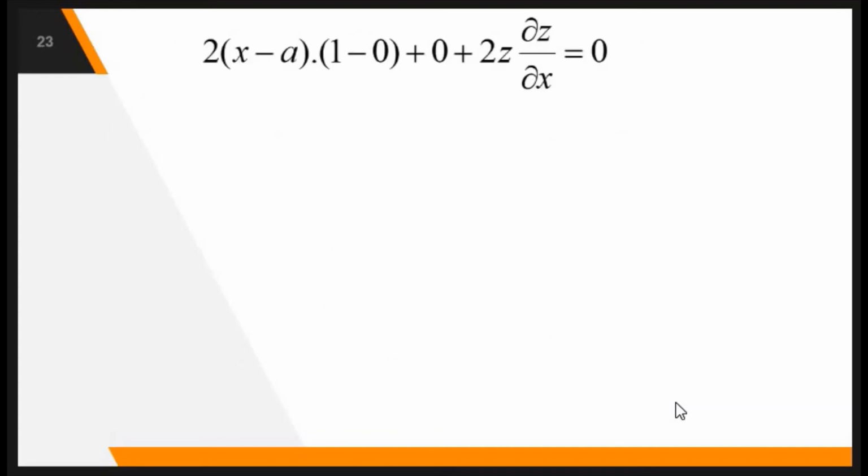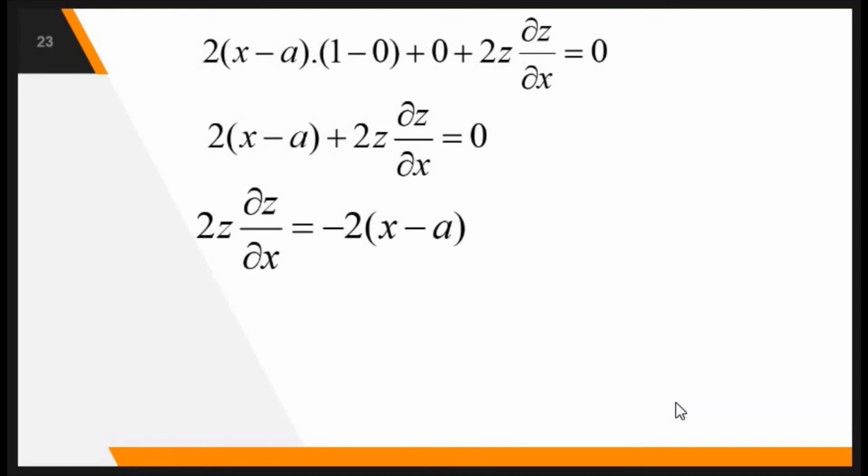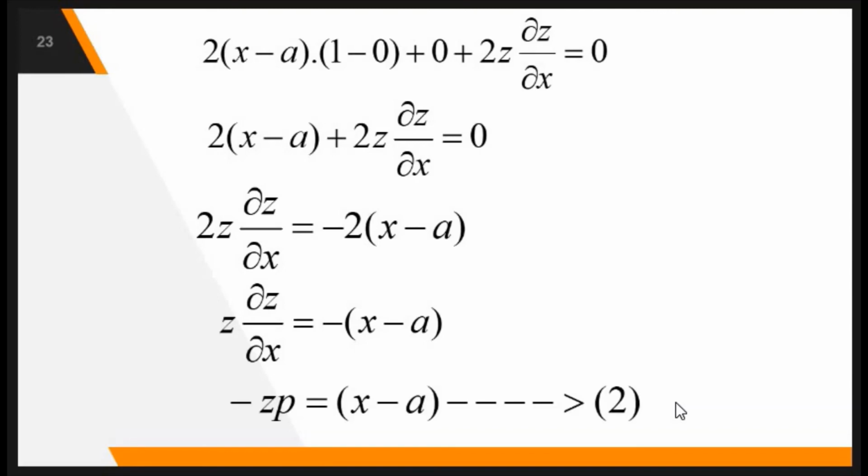So 2 into x minus a into 1 minus 0 plus 2z into dou z by dou x equal to 0. After rearranging this, you know what dou z by dou x is. It is p. Now cancel 2 on both sides. You can write dou z by dou x as p. Call that equation number 2.